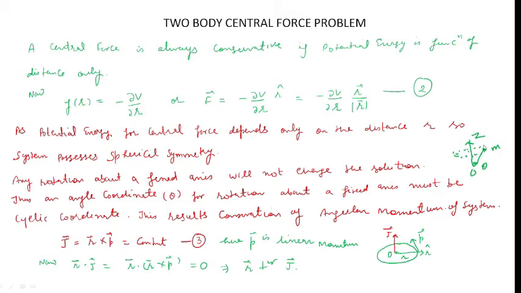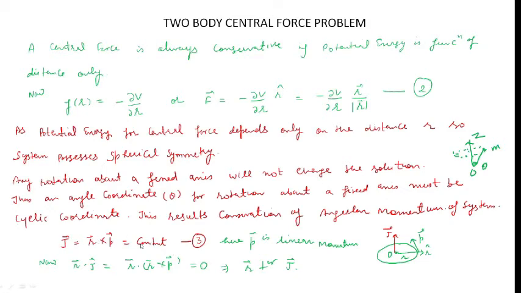Here in the diagram you can see that a particle of mass m is rotating about the z-axis having constant theta. You also know that the angular momentum of the system can be represented as r cross p, where p is the linear momentum. As theta is a cyclic coordinate, we will write J as equal to constant.